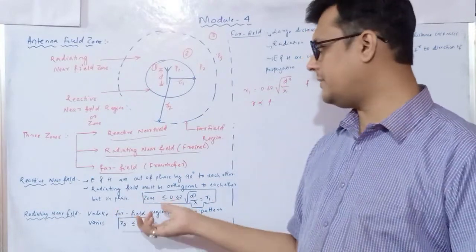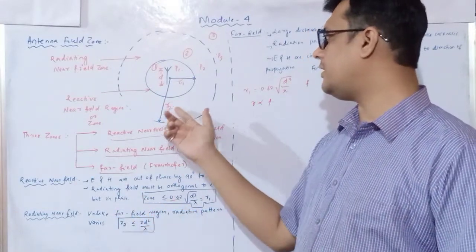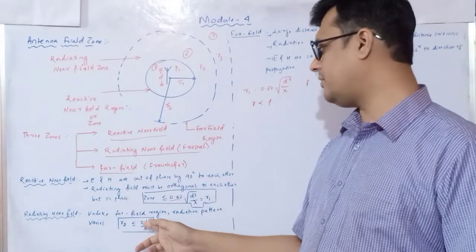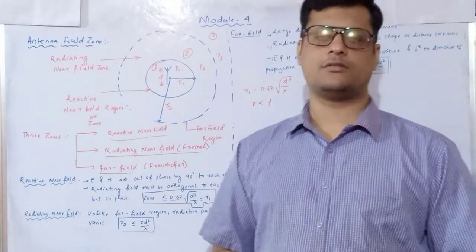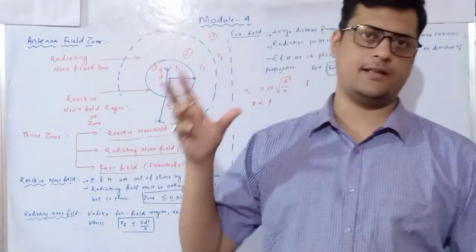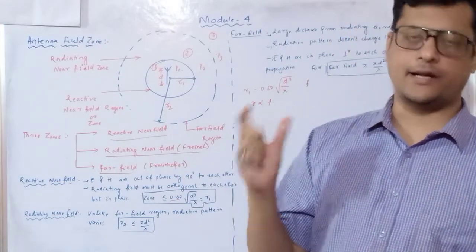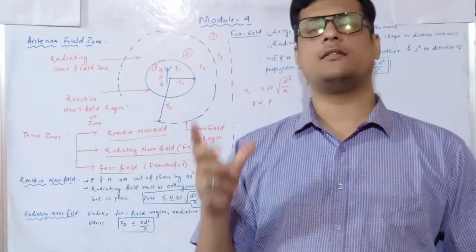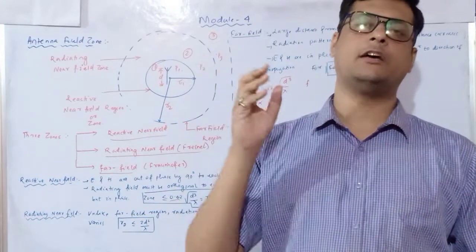In this zone, the maximum value of R2 will be 2d squared by lambda. These are the standardized calculated values, identified only to distinguish these zones with certain ranges.